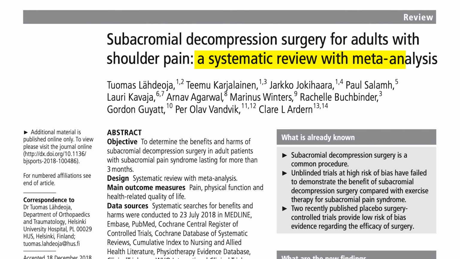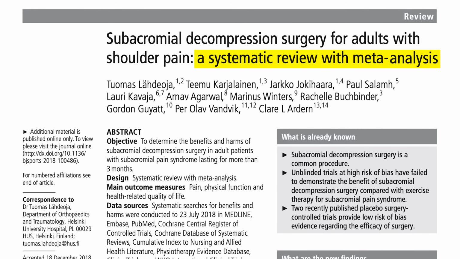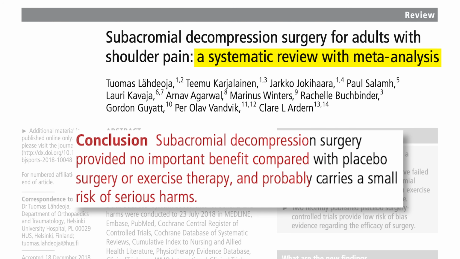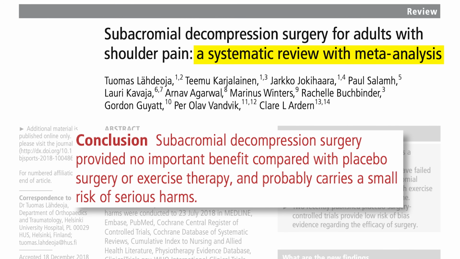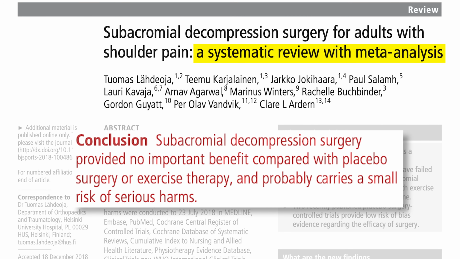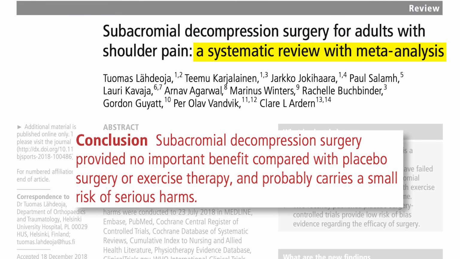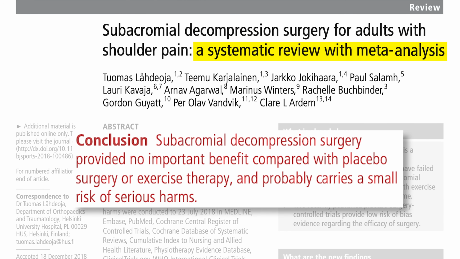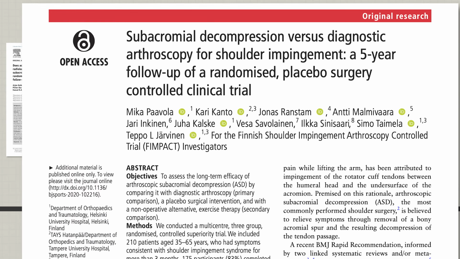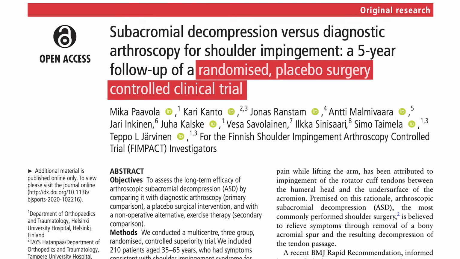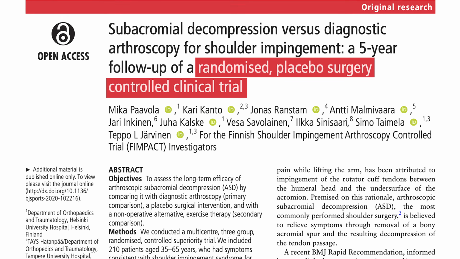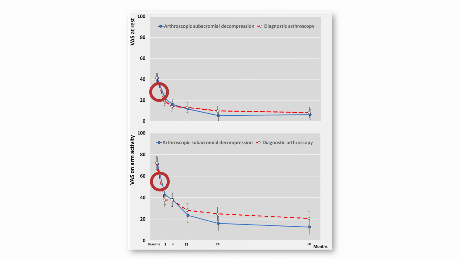A systematic review with meta-analysis in 2020 concluded that subacromial decompression surgery provided no important benefit compared with placebo surgery or exercise therapy and probably carries a small risk of serious harms. Finally, Paavola et al. in 2021 conducted a randomized, double-blind, placebo surgery-controlled trial to assess the long-term efficacy of subacromial decompression.